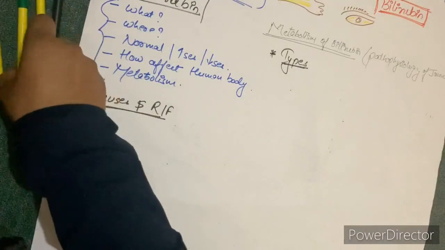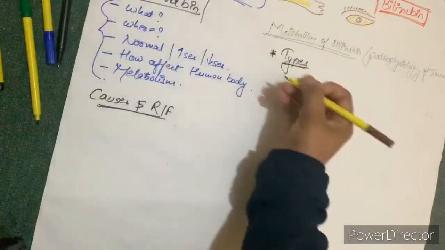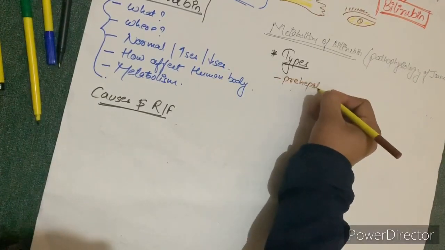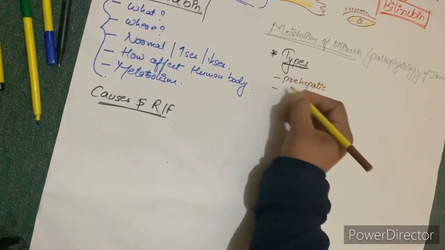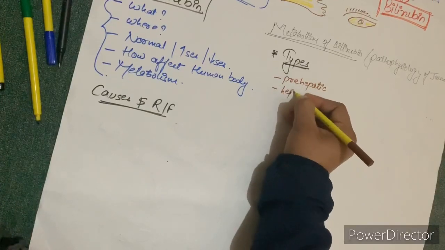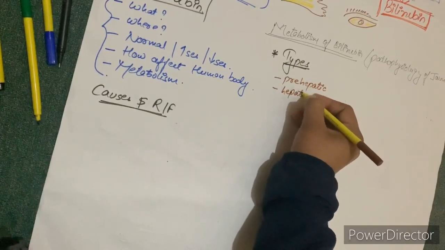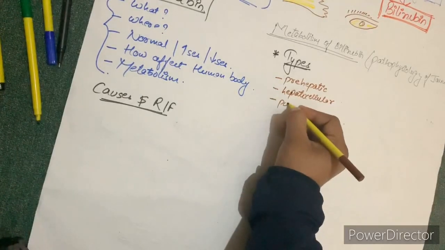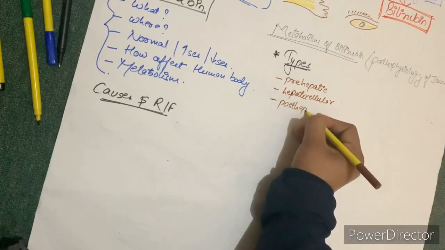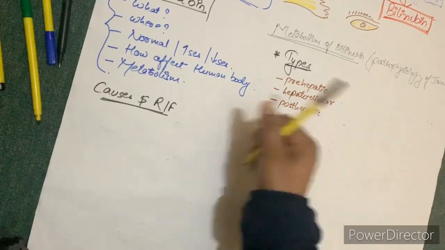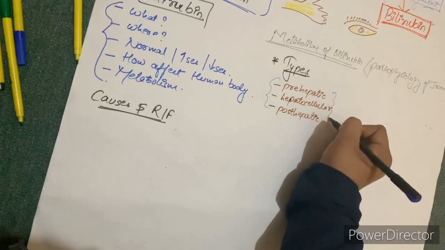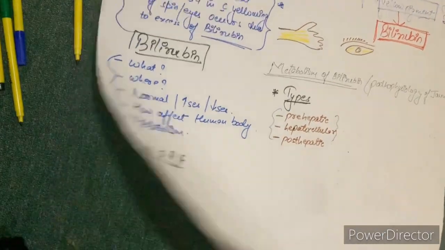There are 3 types of jaundice. First is prehepatic jaundice. Second is hepatic, or hepatocellular jaundice, and third is post-hepatic jaundice. From these words you can get their definition.